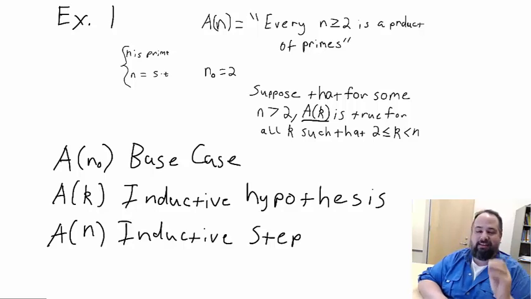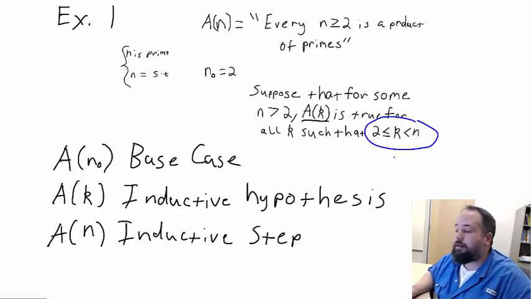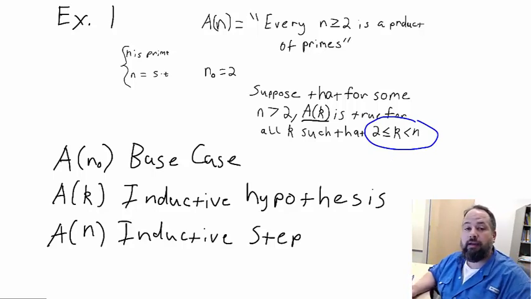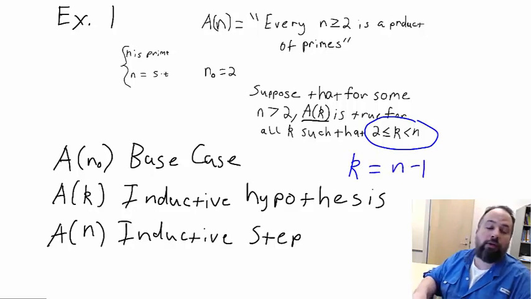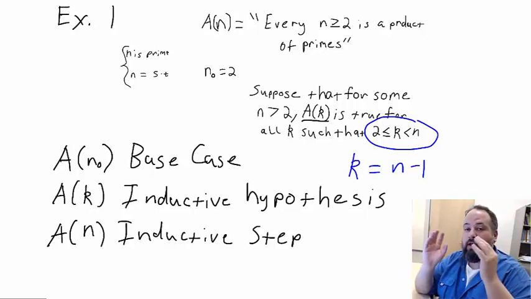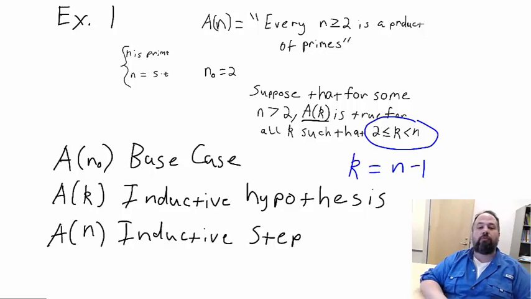Oh, one last thing. I mentioned that this is strong induction. And it is strong induction because k can be anywhere between 2 and 1 less than our n. In weak induction, k is n minus 1. That is, we only prove it for the one smaller than our inductive step. For our purposes, it doesn't really matter, but you should know those terms.